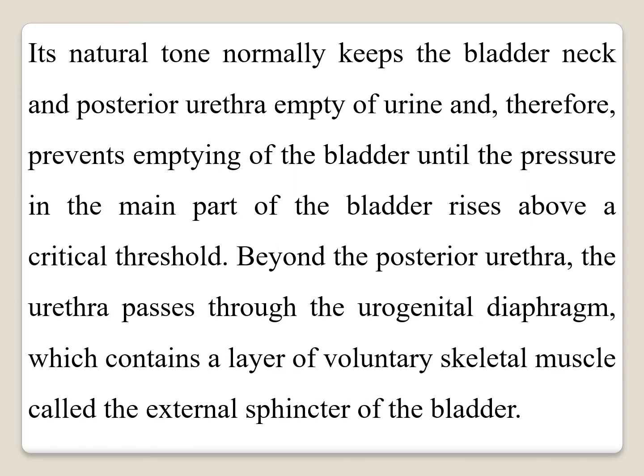The normal tone keeps the bladder neck and posterior urethra empty of urine and prevents emptying of the bladder until the pressure in the main part of the bladder rises above the critical threshold. Beyond the posterior urethra, the urethra passes through the urogenital diaphragm, which contains a layer of voluntary skeletal muscle called the external sphincter of the bladder.